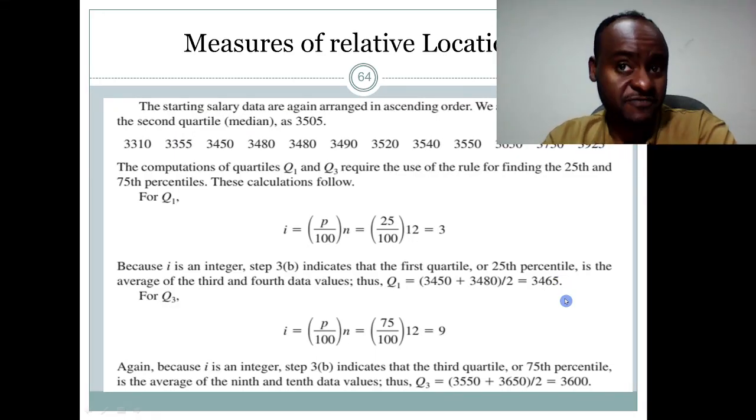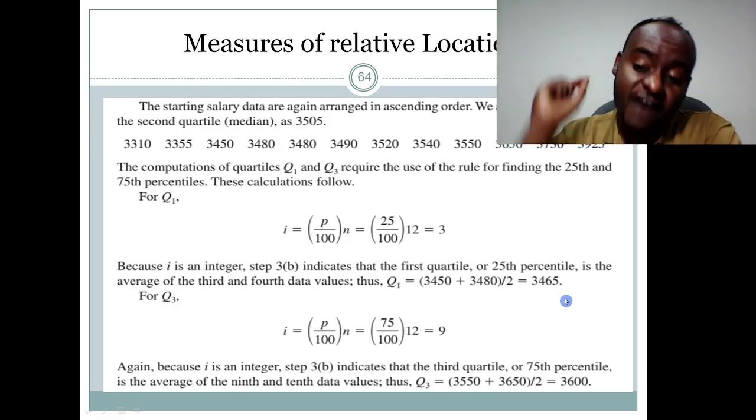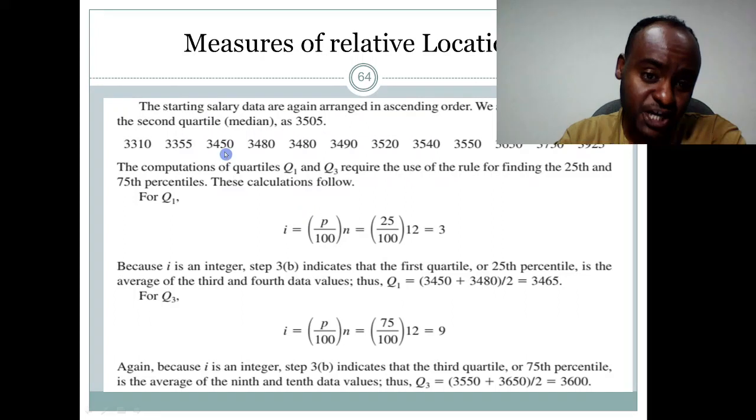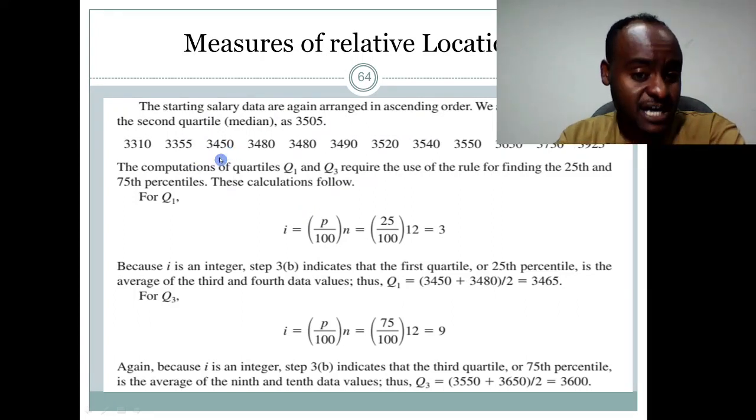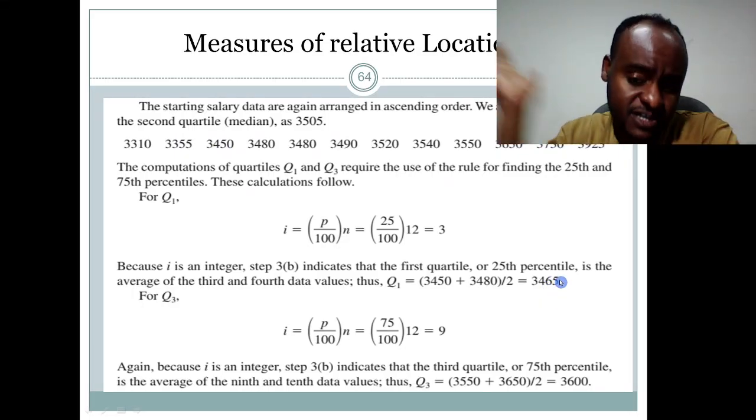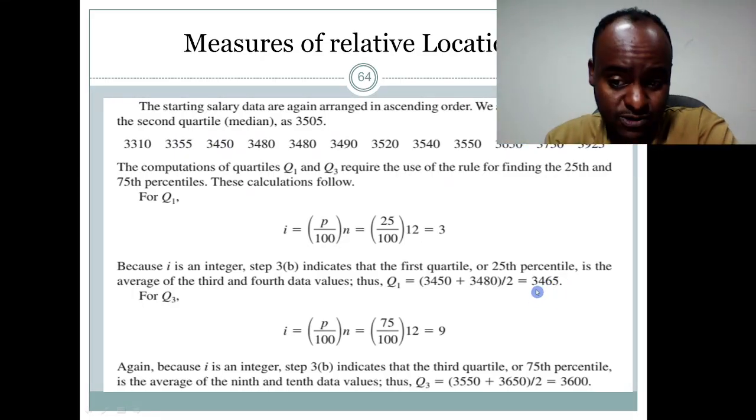That is as simple as adding numbers, but the interpretation is very essential. What does it mean? It means that 25% of your observations are less than or equal to this number, 3,465.